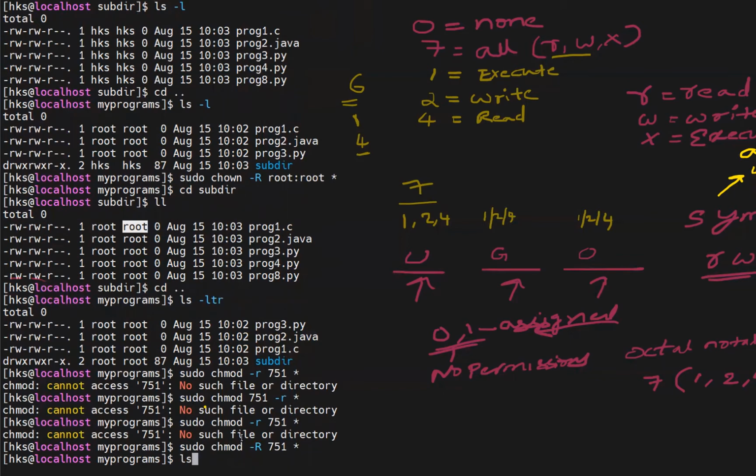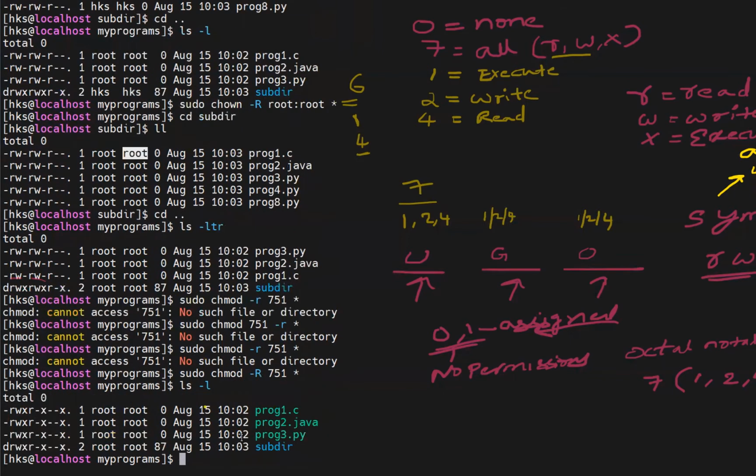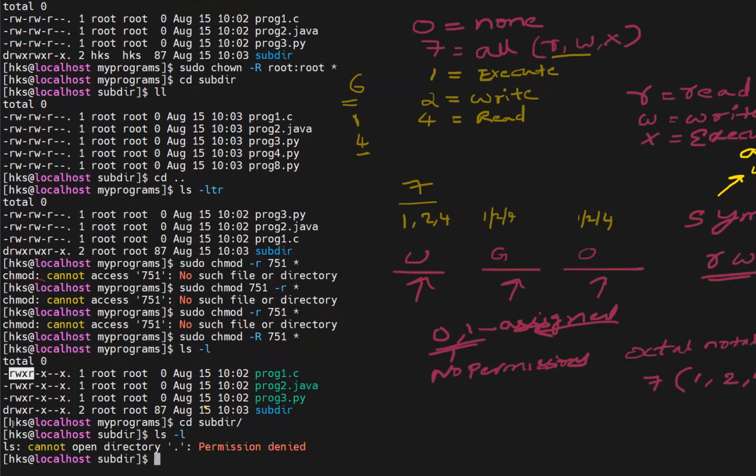Now if you see, group has execute, others has execute, but the user has full permissions. If you go to subdir, because who am I?